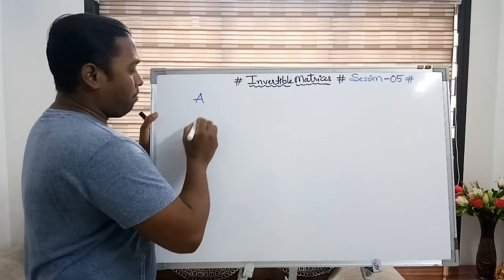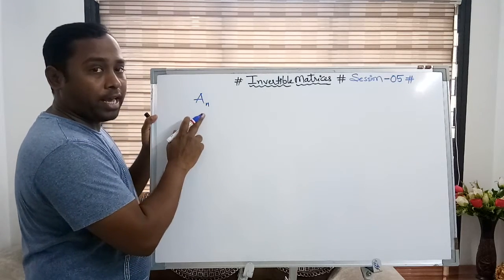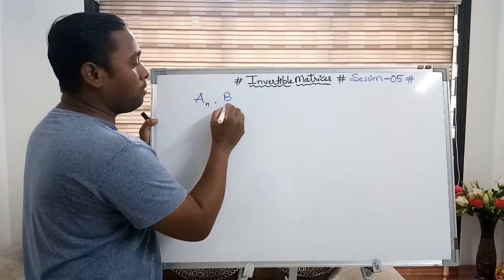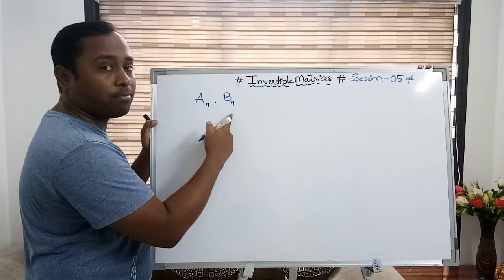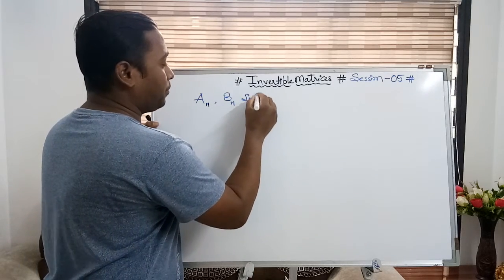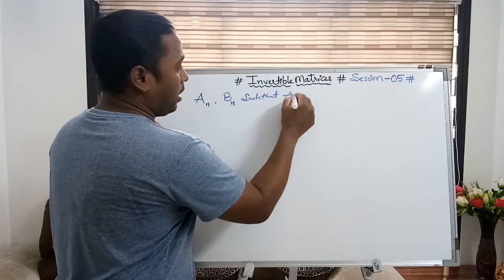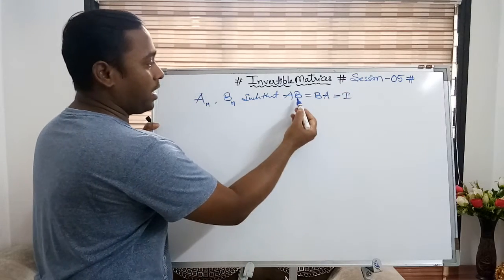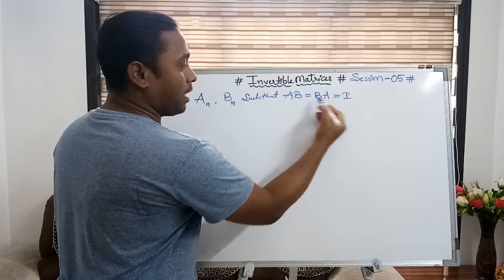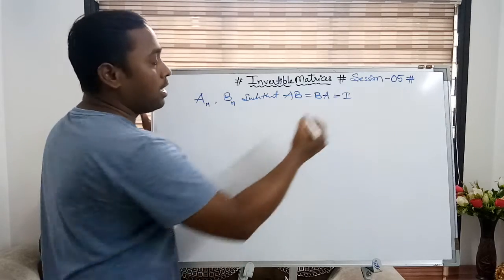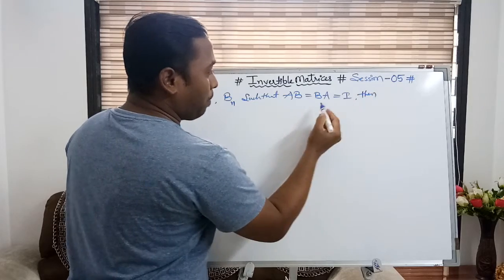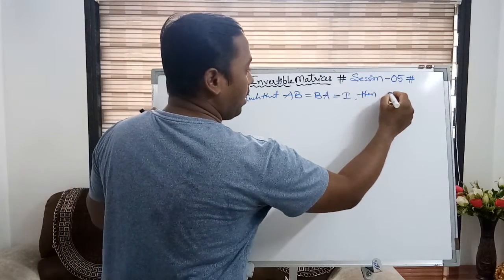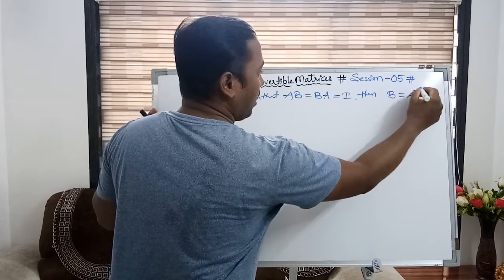If a matrix A, which is a square matrix, I am writing A n, meaning an n by n matrix, and there exists another matrix B of the same order such that AB is equal to BA is equal to I, if the products AB and BA both exist and both are equal to I, then B is called the inverse of A. Hence, B can be written as A inverse.